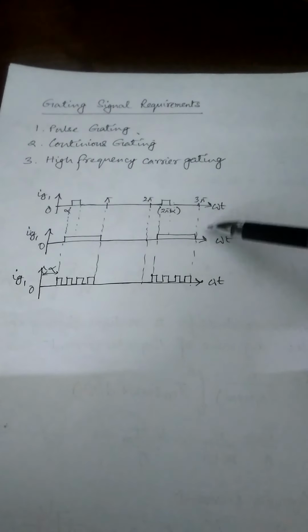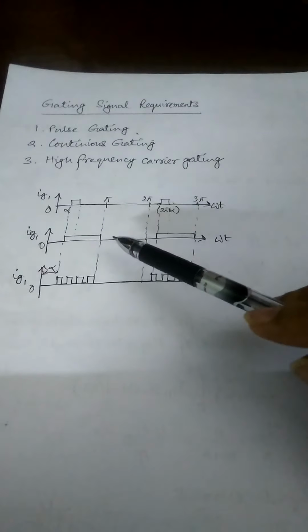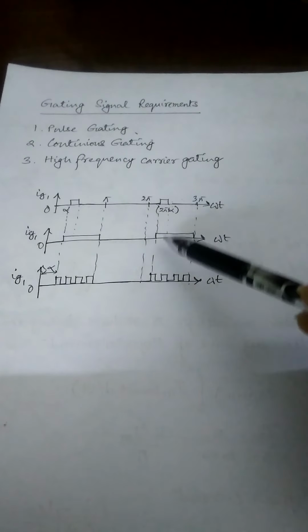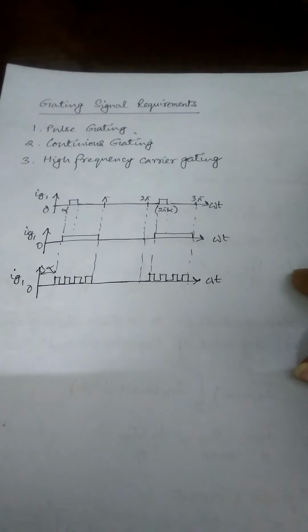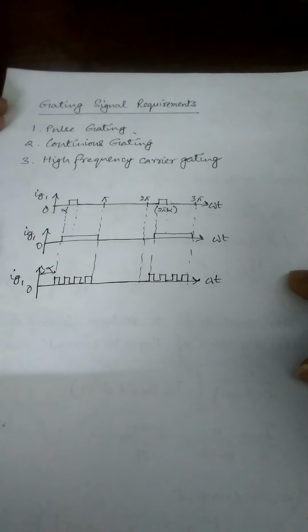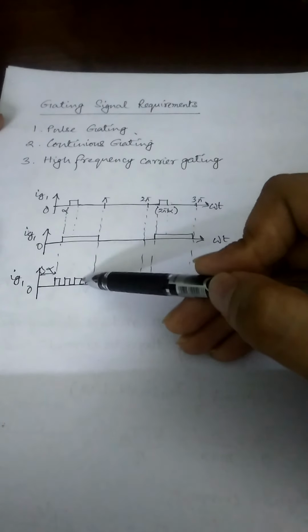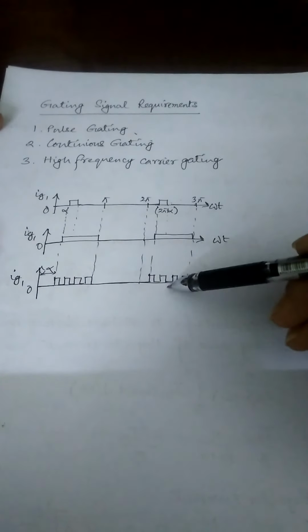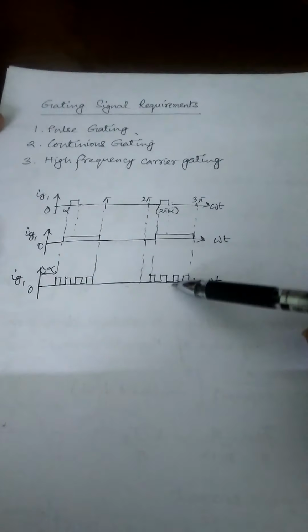That is applicable for the RL load, but there is one more disadvantage: if we consider continuous gating mode, the SCR is going to be heated, and the heating of the SCR is going to increase. So for that reason, the high frequency carrier gating is used, where a train of firing pulses is applied in the gating signal.